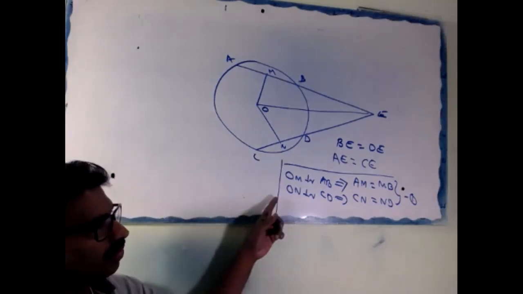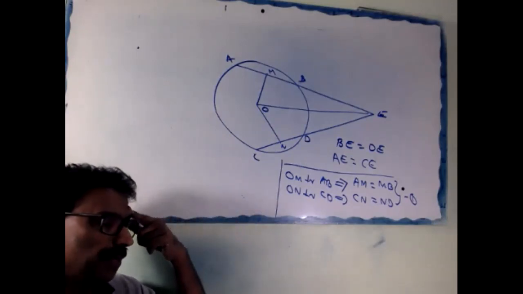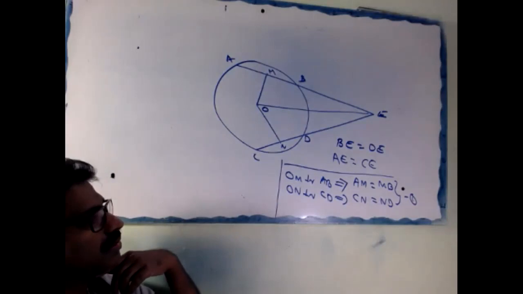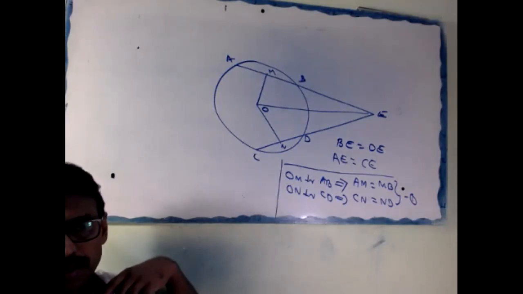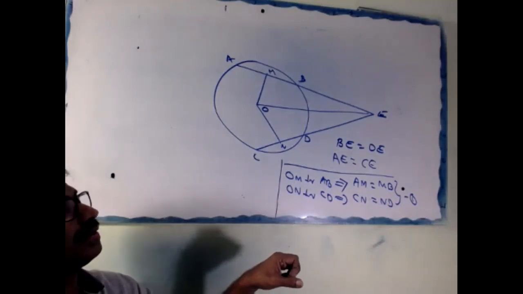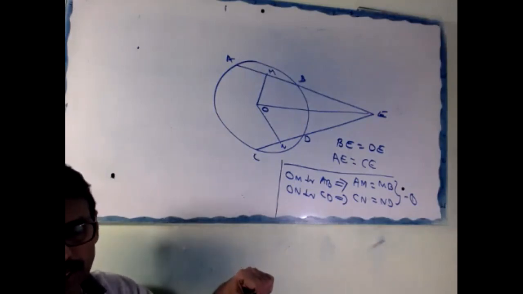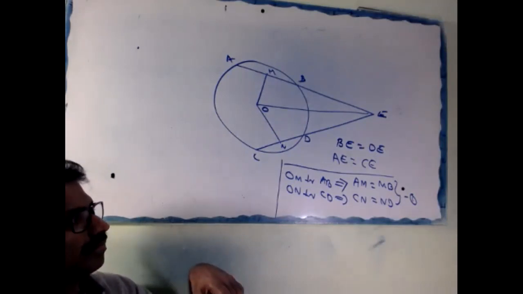Then ON perpendicular to CD. Therefore, CN equals ND, same reason. These both are in one. But AB equals CD, given.